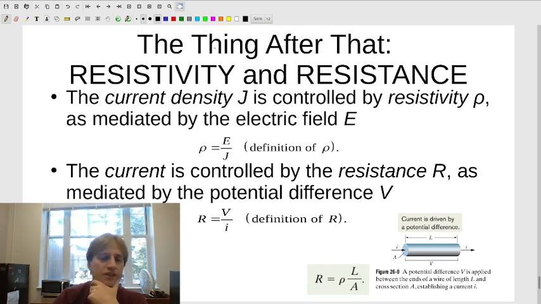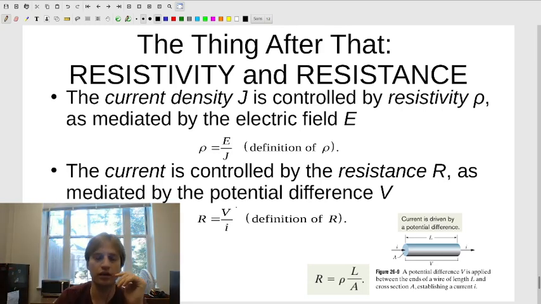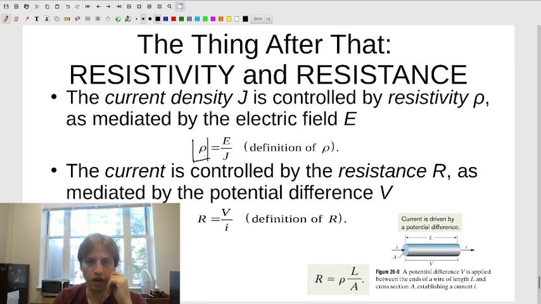And so what this means is that instead of just accelerating indefinitely, the charges have some sort of natural current speed, or some sort of natural current that's dependent on the electric field at the point where it's being applied. So to deal with this, and we're going to have to do this a little bit more slowly on Monday, we come up with two different quantities.